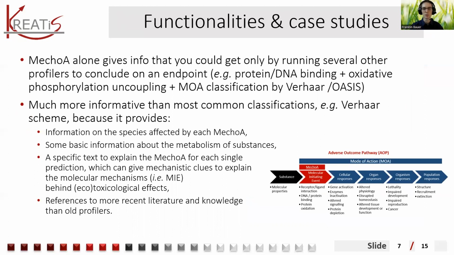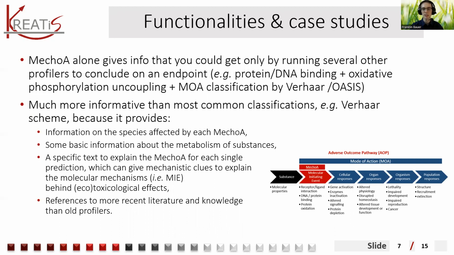As can be seen from the previous example, MechoA alone gives information that you could get only by running several other profilers. It is much more informative than most common classifications, such as the Verhaar scheme, because it provides information on the species affected by each MechoA.